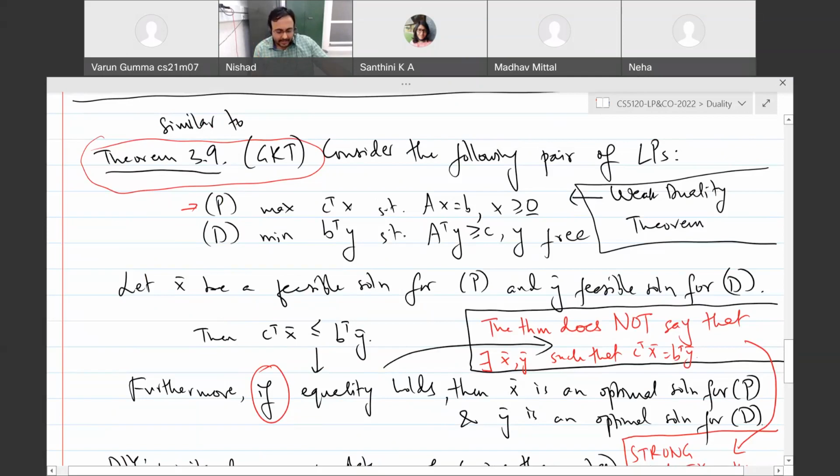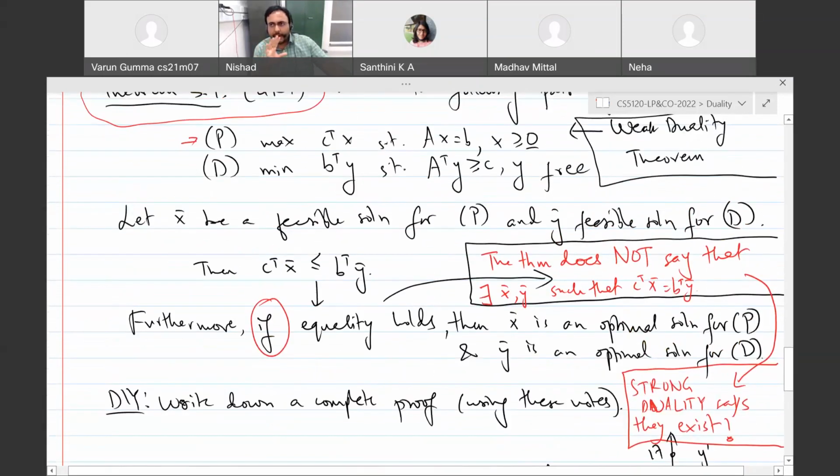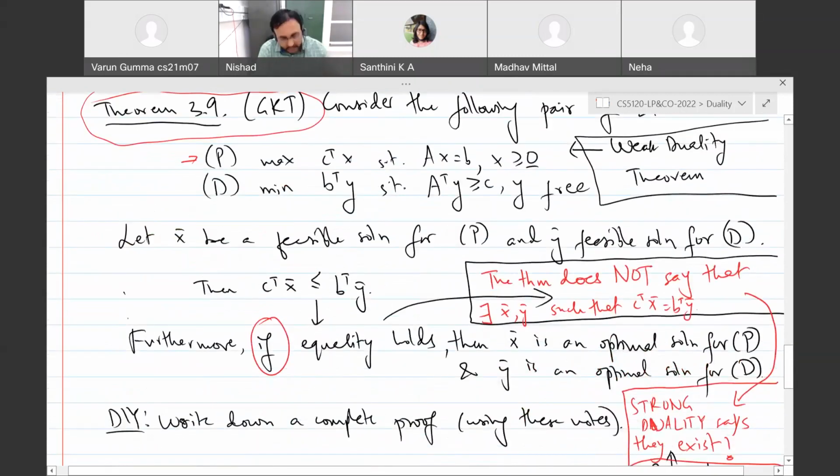The second answer is that using weak duality, in fact, when we go to primal-dual algorithms, what we will really be using is this statement. We will actually design combinatorial optimization algorithms where we find an X bar and a Y bar that satisfy this with equality.